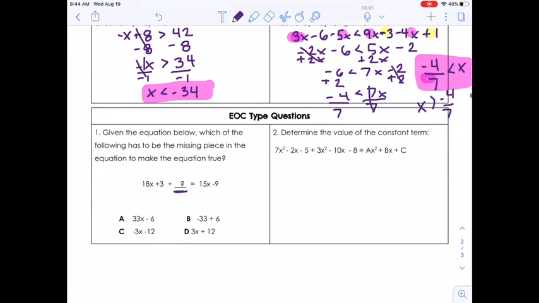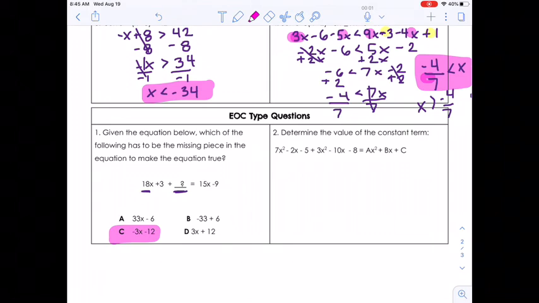The easiest way that I like to think about this is we have 18x over here, and we need 15x over here. So we need to go down 3 x's. So the only option that we have with a negative 3x is option C.